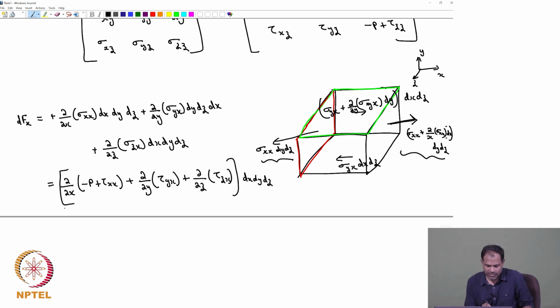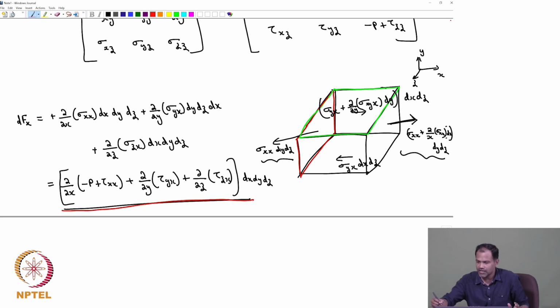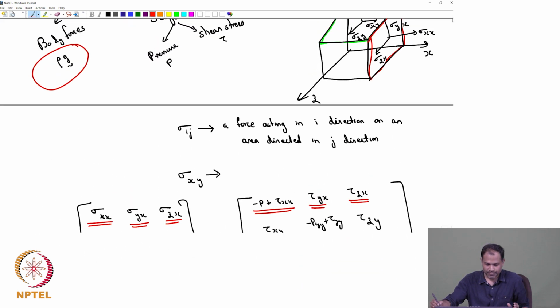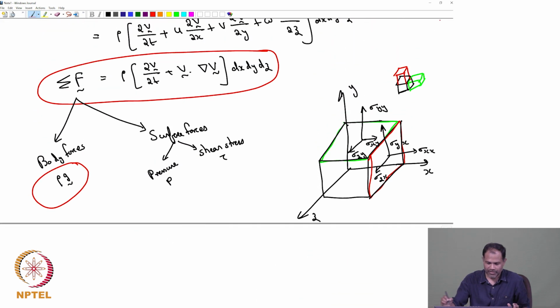Okay. In other words, this is going to be the force density that we really need in x direction in the expression that we had derived here.